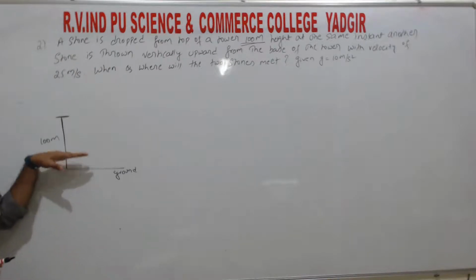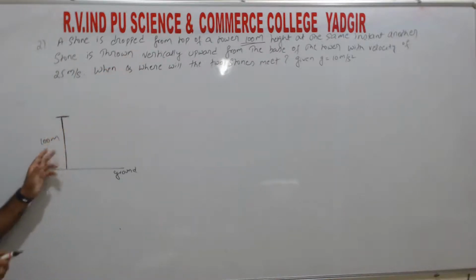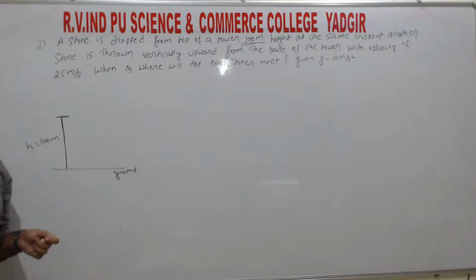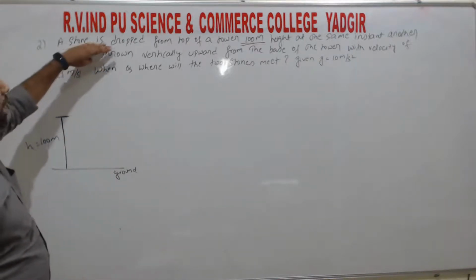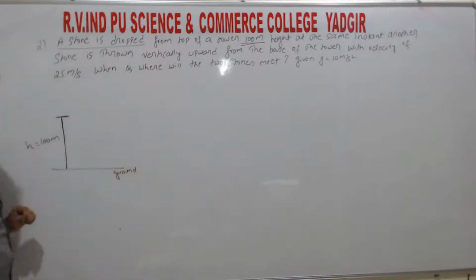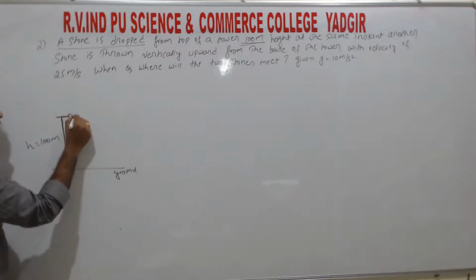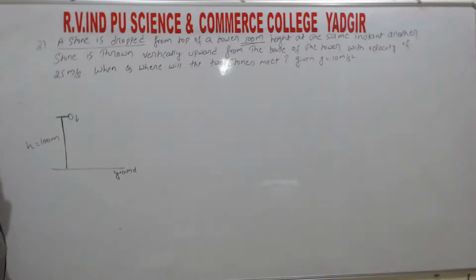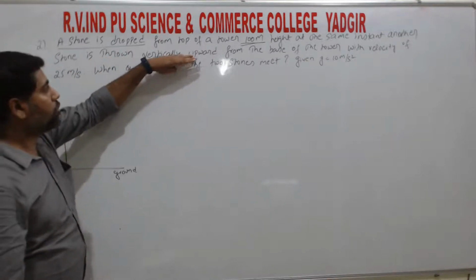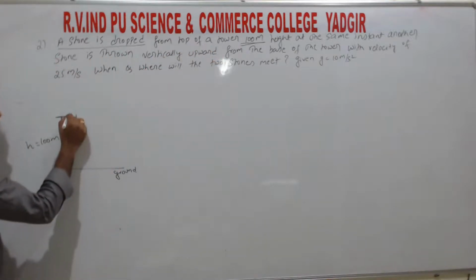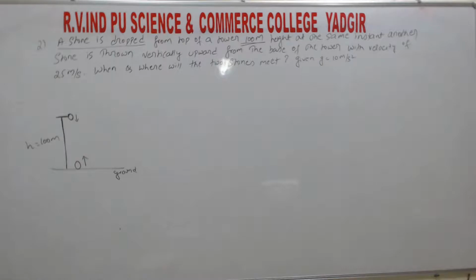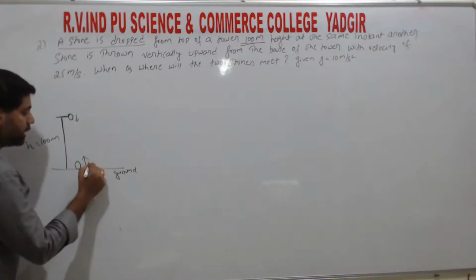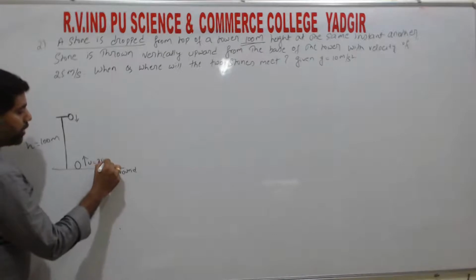So first we take a ground and we have a tower of height 100 meters. That means they have given h, 100 meters. Next, at the same instant, from the height of the tower, a stone is dropped, right? In the same instant, another stone is thrown vertically upward, with velocity u equal to 25 meter per second.